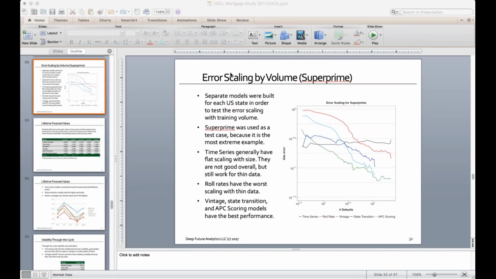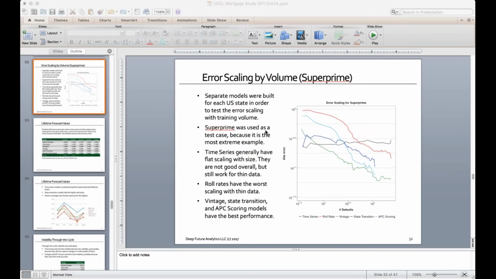You can see the red line for the small states is random. It's 100% error. So the roll rate model on a small state is just a random model. Overall, the roll rate model is the worst performer in terms of scaling with error as compared to the others. The others stack up as we would expect from what we saw before, but you'll notice the black line here is the surprising line.